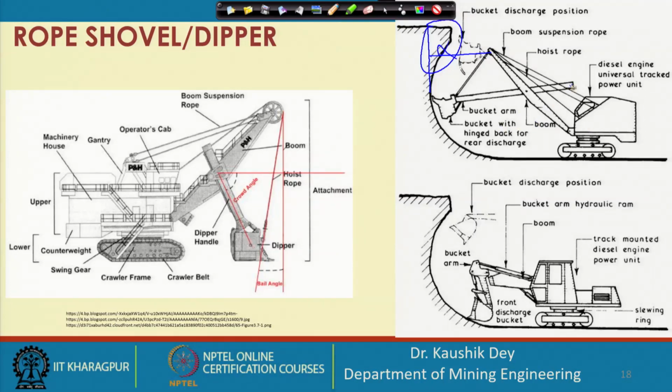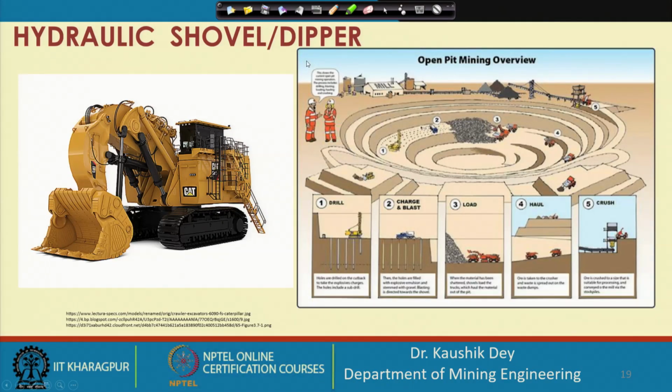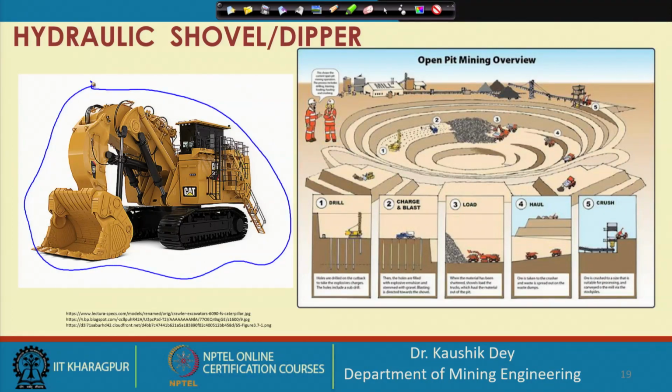It does not matter whether a diesel engine or electric motor is used for the operations, but rope shovels are basically mechanically driven operations which are practiced in the mine. As the rope shovel is a dipper shovel, in a similar way you can have the Hardlick shovel also. So, this is the Hardlick dipper shovel.